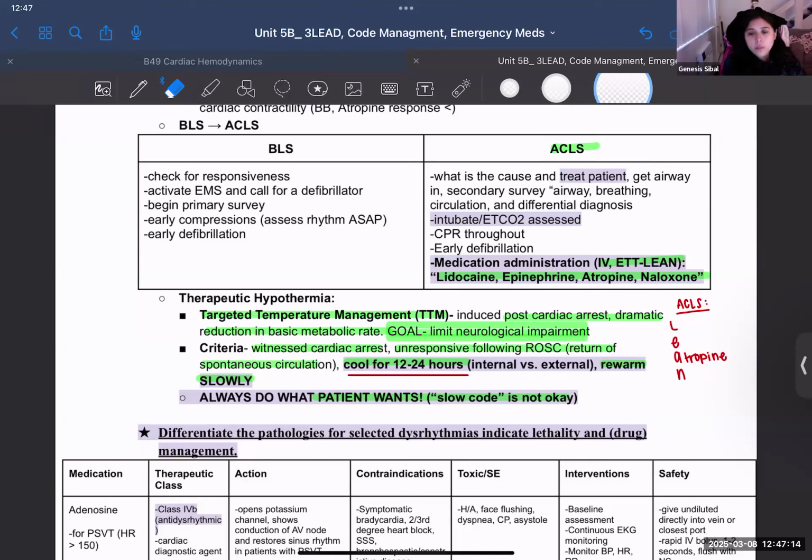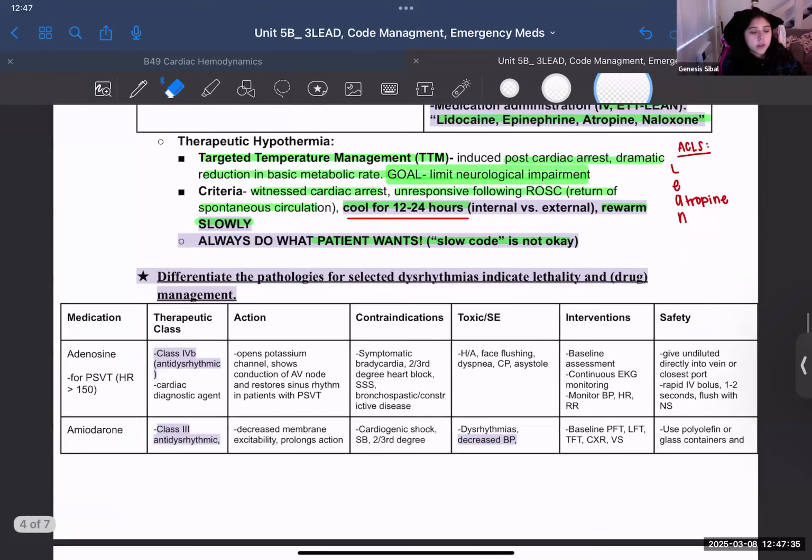You should still know this, because this is something she highlights. Again, lidocaine, epinephrine, atropine, naloxone. It makes sense why we have these medications there. So make sure you memorize that and get it in your head, because it will also help you understand it in the future as well.